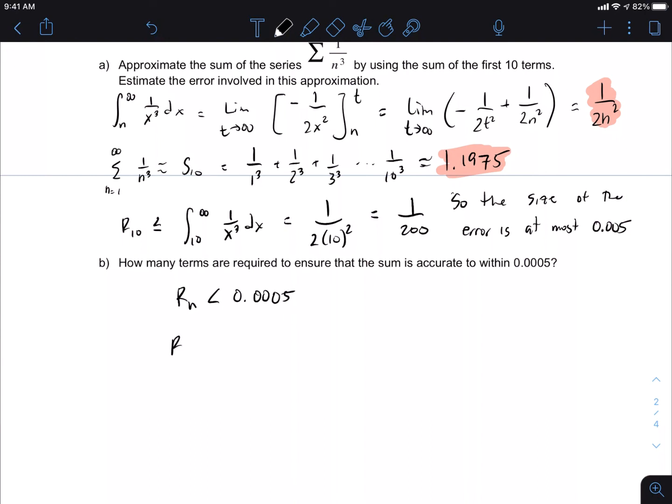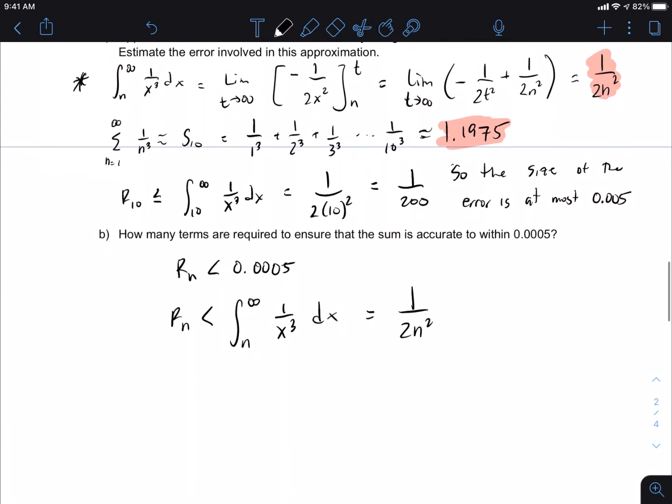And so we're going to say, okay, r sub n has to be less than or equal to the integral from n to infinity of 1 over x to the third dx. But we know that that's 1 over 2n squared, right? Because we did the integral piece up here to find out what our remainder would be.